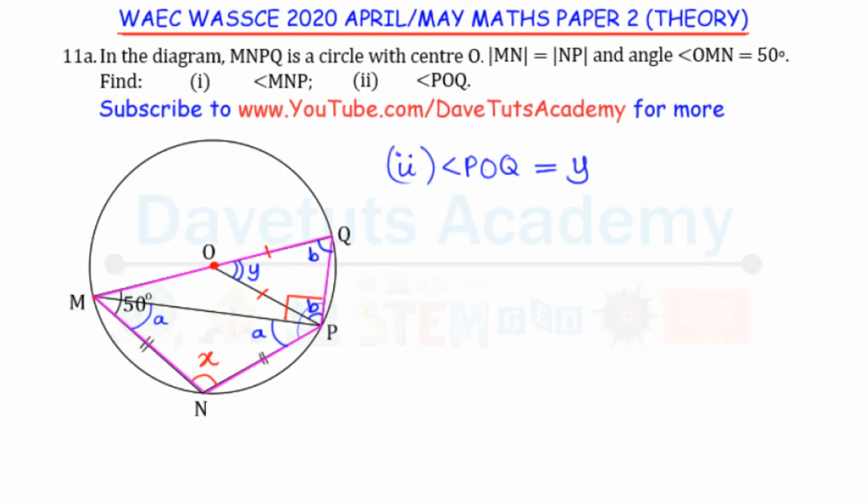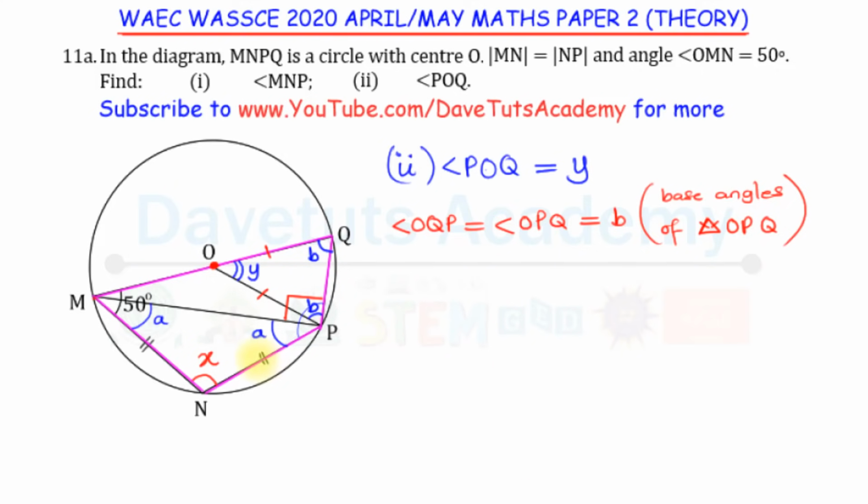So I can just state that angle OQP is equal to angle OPQ, and I'm denoting that as B, and I'm calling them the base angles of isosceles triangle OPQ.